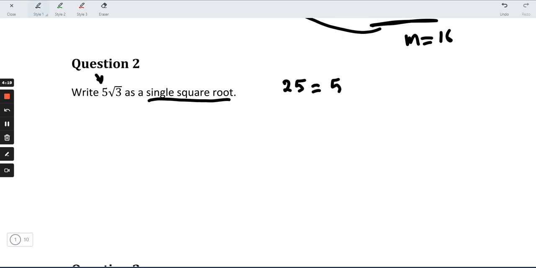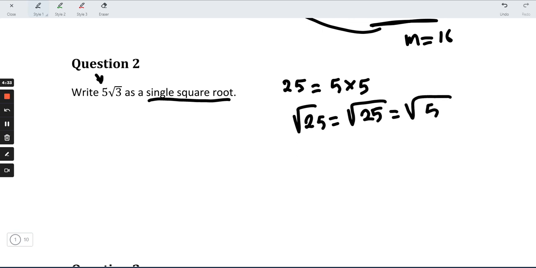That means it's 5 times 5. So if you put a square root on 25, we'll have under the square root 25, which is equal to the square root of 5 times 5. So this is what we should do here. That means we rewrite 5 to be the square root of 25.